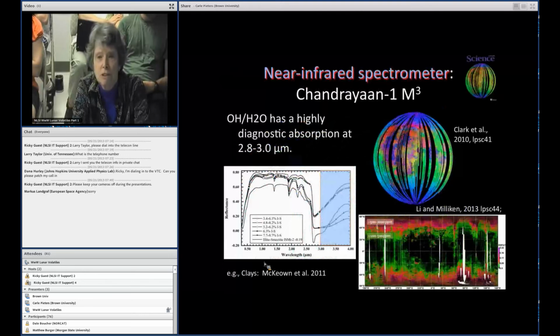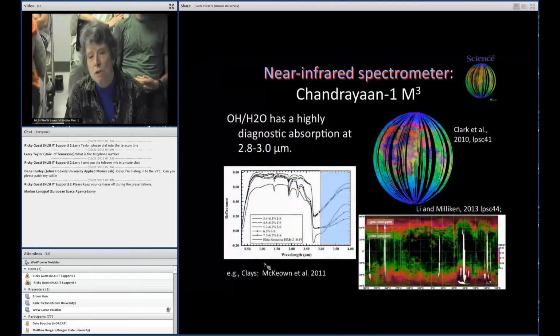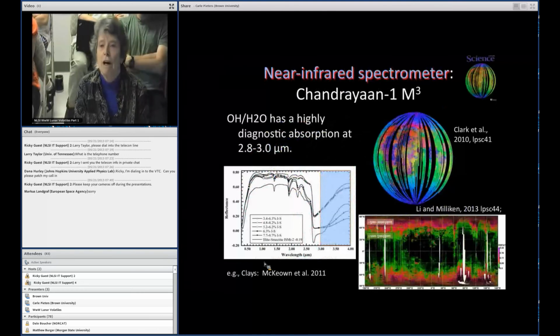But for those of you who aren't spectroscopists, I do need to remind you what we're looking at here. And I've got this nice figure which is really from the Mars community, because there's water, frost, and ice all over Mars. And what this particular figure shows is the kind of absorptions you see at 3 microns, or between 2.8 and 3 microns, when you have a variety of OH and H2O features.